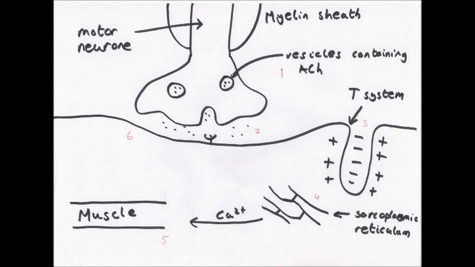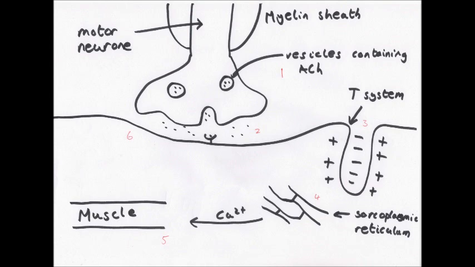But one other thing, how does this actually get initiated? We said we need calcium ions to get it started, but how do we get the calcium ions? Well, it's very similar to synapse transmission of an action potential. An action potential arrives down the motor neuron and causes calcium ion channels to open. The calcium ions diffuse into the neuromuscular neuron, binds to vesicles containing acetylcholine.